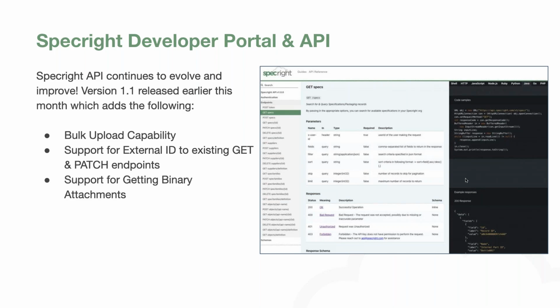So we have several exciting features. We recently added the bulk upload capability, support for external ID, and support for fetching the binary attachments or the files from SpecRite, and a lot more features are planned as well for the next quarter. So definitely, if your IT teams are interested, reach out to us, and we can share more details with you.